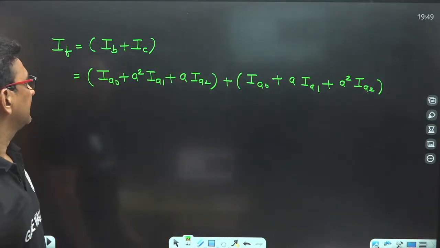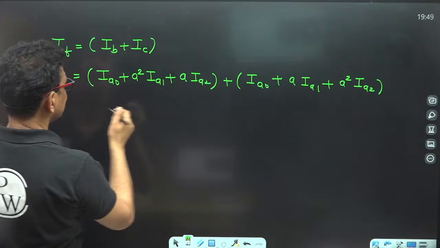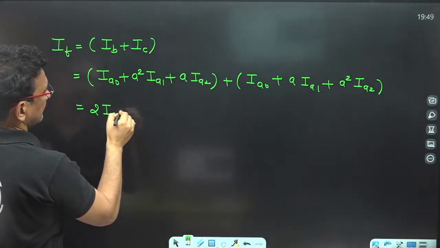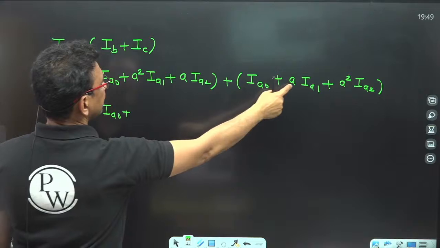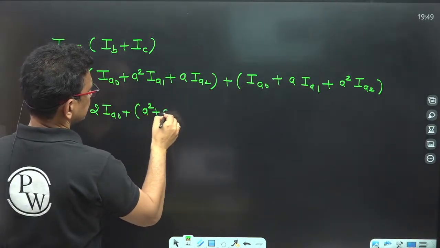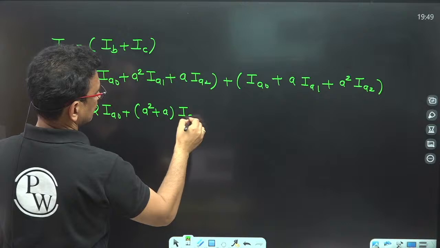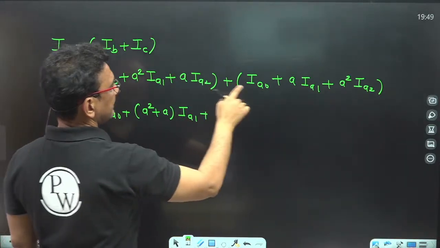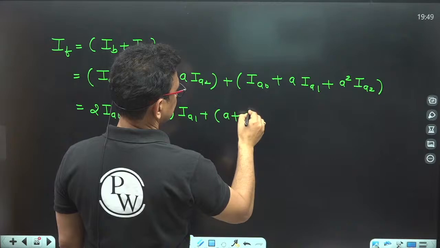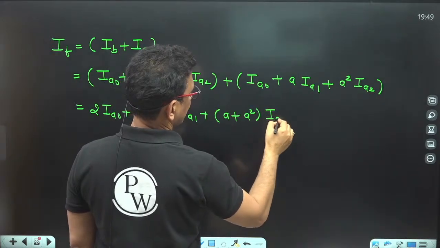Clear? Now IA0 becomes 2IA0. If I take IA1 common, it becomes A square plus A, times IA1. If I take IA2 as a common term, A plus A square, times IA2.